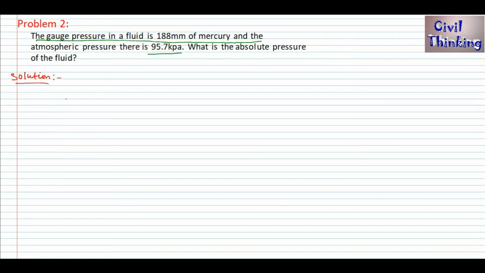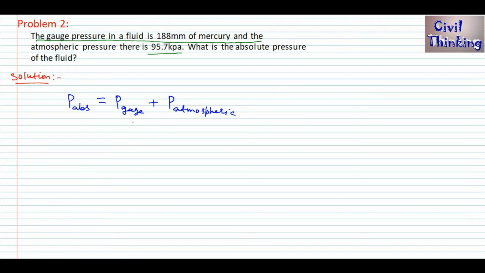We know the absolute pressure, P absolute, is equal to P gauge plus P atmospheric. Now the gauge pressure in the fluid is 188 mm of mercury.